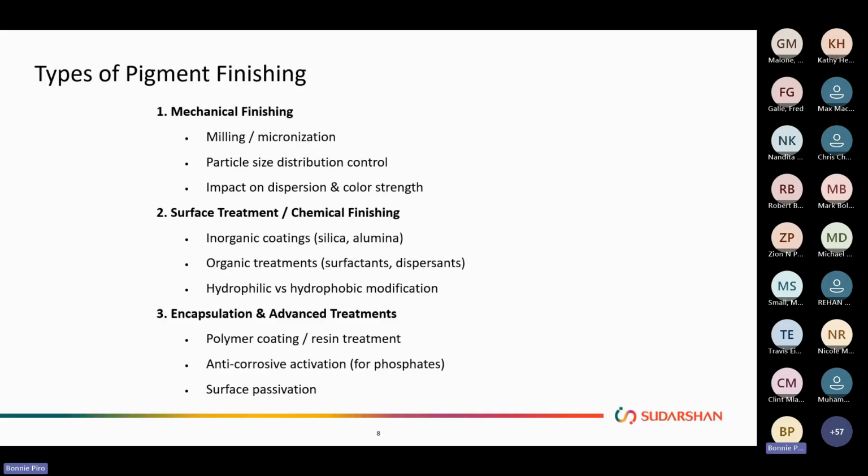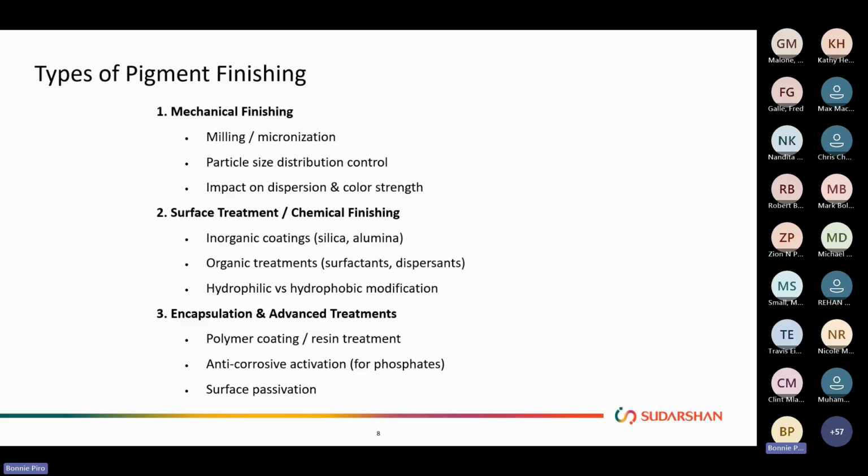Inorganic coatings typically are in the silica, alumina types of surface treatments that are done for inorganic pigments, whereas organic typically tend to be polymeric in nature, surfactants or other dispersants that are placed on the pigment themselves, with the goal of matching it up to the formulation.